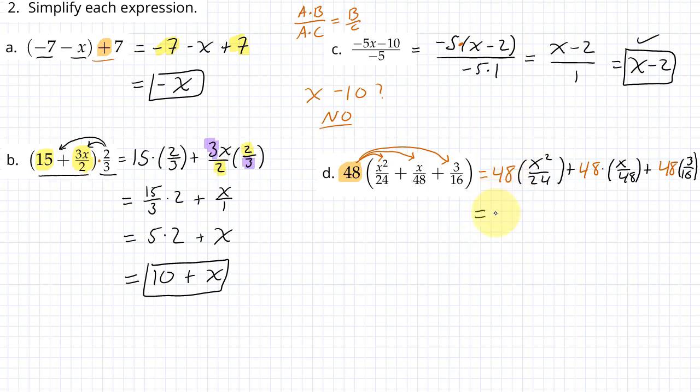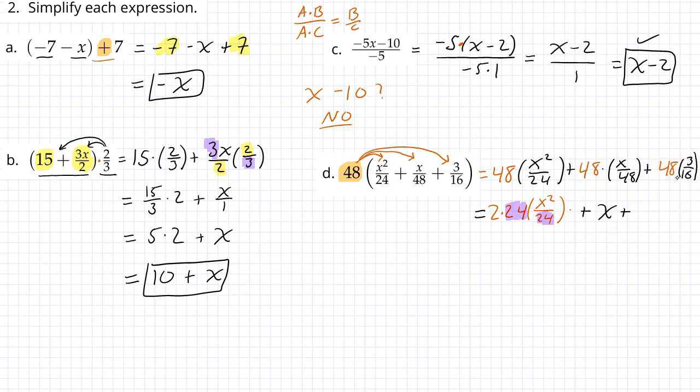The 48 here is also known as 2 times 24. So that way you can make the 24 here cancel out with that 24. And then here, this other 48 is just 48 times 1, so that will just cancel out and give you just plus x.